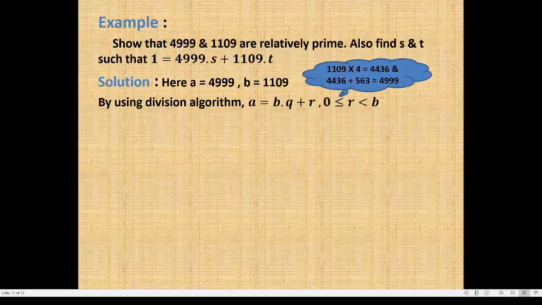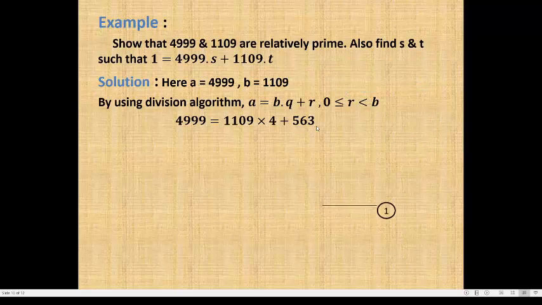Now we do some calculations. So here 1109 into 4 is equal to 4436, and add 563, so we get 4999. So here quotient is 4 and remainder is 563. So we get this step: 4999 equals 1109 into 4 plus 563.